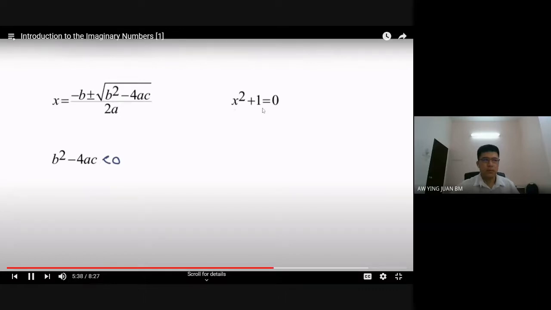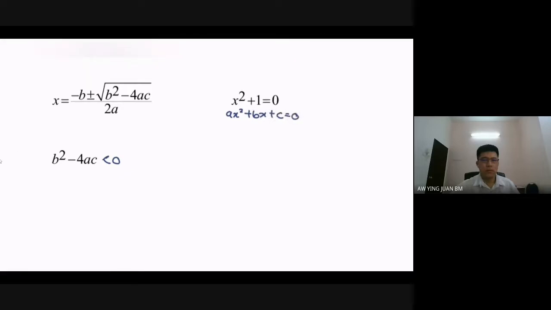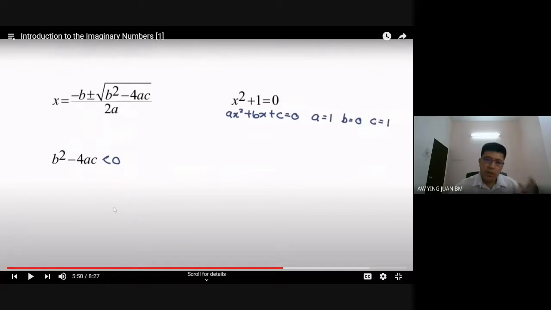For example, where we have ax squared plus bx plus c is equals to 0, where we have the value a is equals to 1, b is equals to 0, and c is equals to 1. So, hope you still remember where we can find the values a, b, and c.